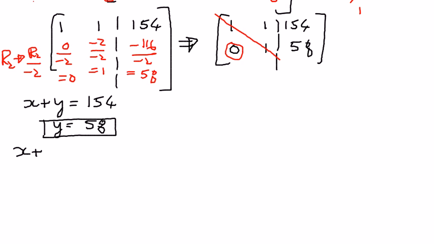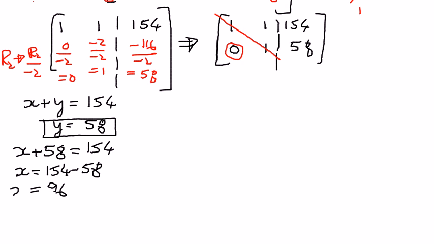So x plus 58 is equal to 154. Therefore the value of x is going to be equal to 154 minus 58, and that value is going to be equal to 96. The value of x is 96, and the way we can interpret this solution is as follows.